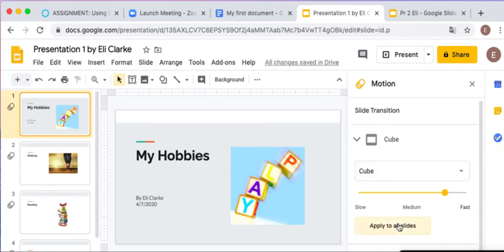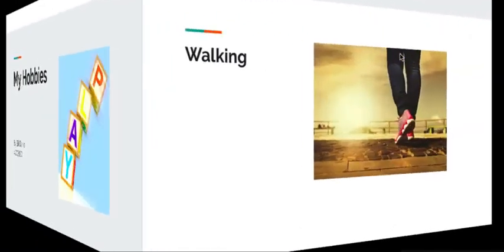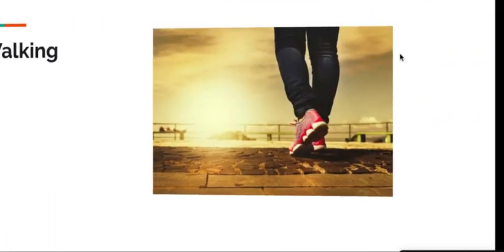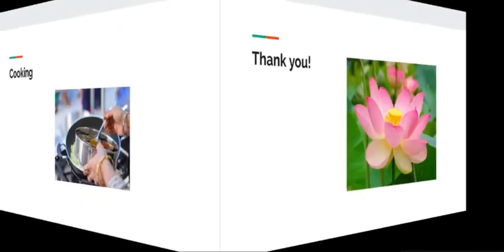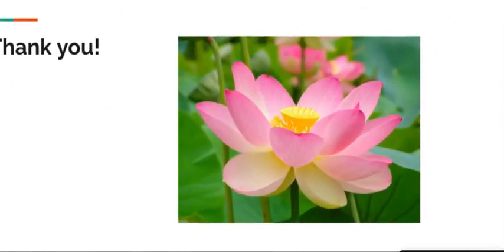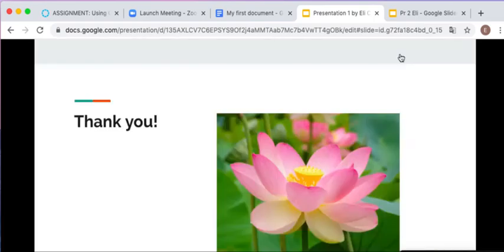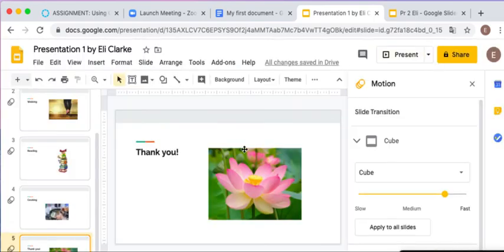If I want to see how this looks, I need to click present. Once I click present, you will be able to see how your slide is looking. Looks okay. There is a cube moving from slide to slide. And when I finish, I click the escape key to exit the show.